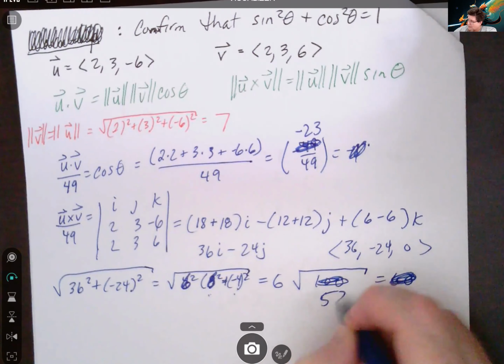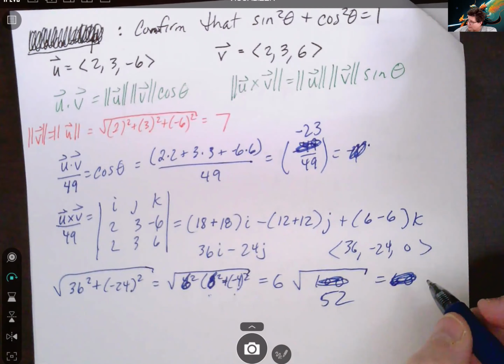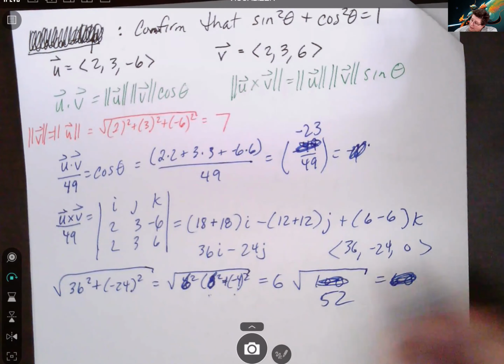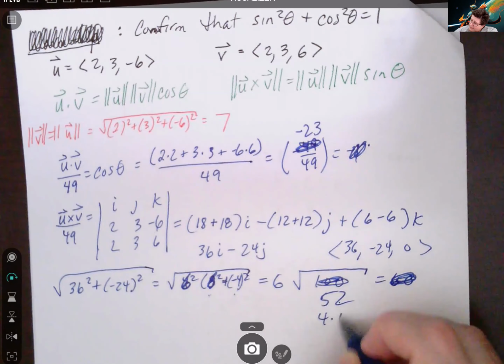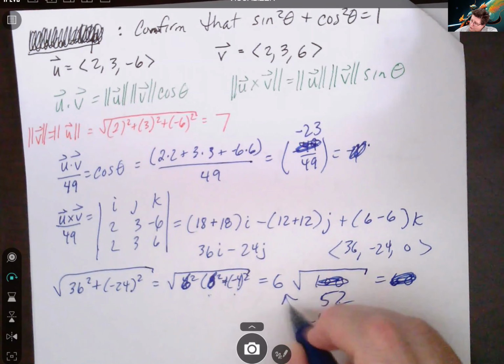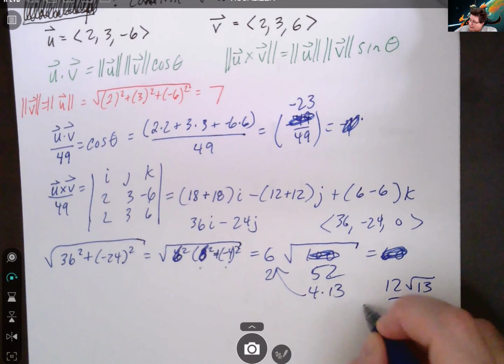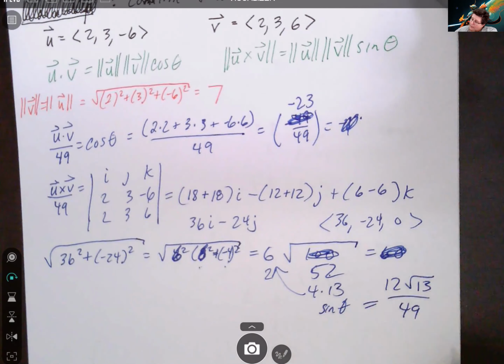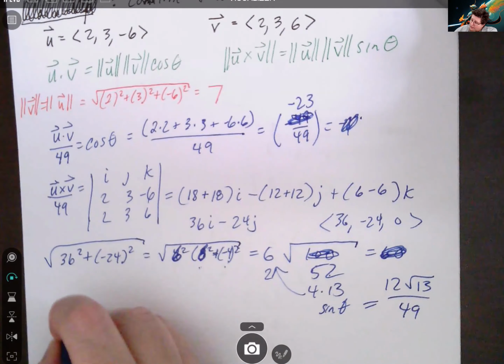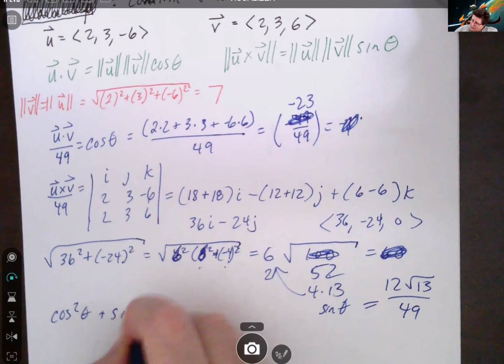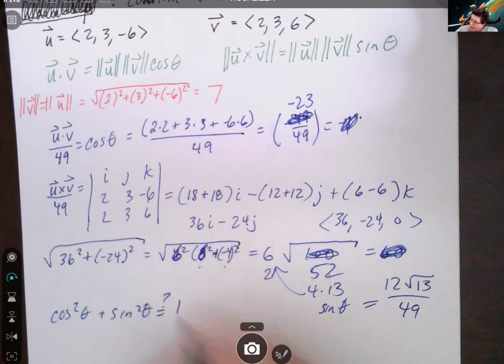So I guess I could have pulled out 12, since these are both divisible by 12. This is 4 times 13, so I can pull it out and make it a 2 when it comes out. That would give me 12 root 13, over 49, which would give me sine. So does cosine squared theta plus sine squared theta equal 1?